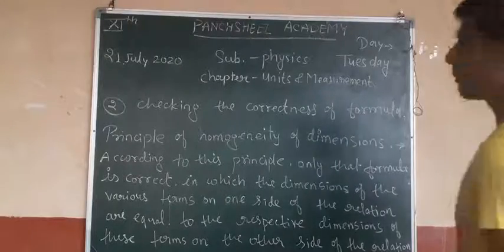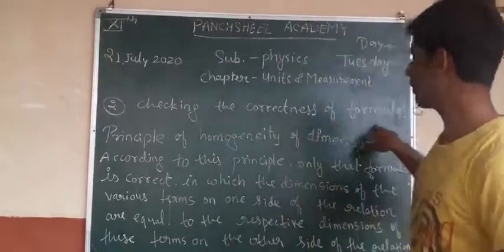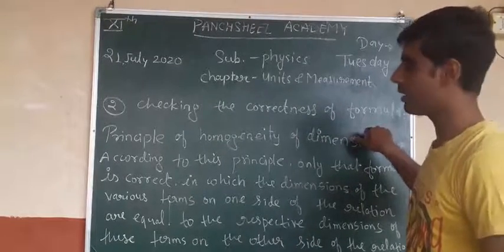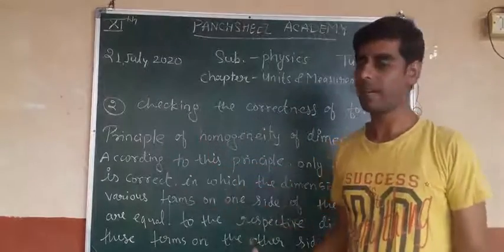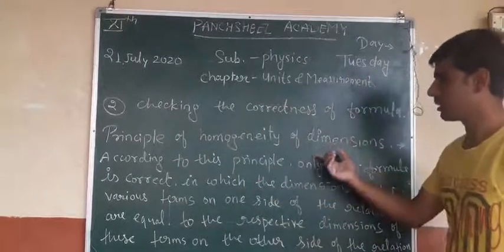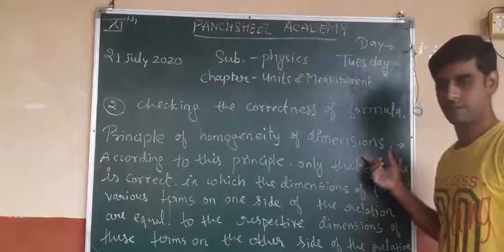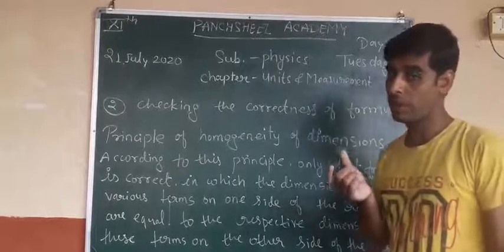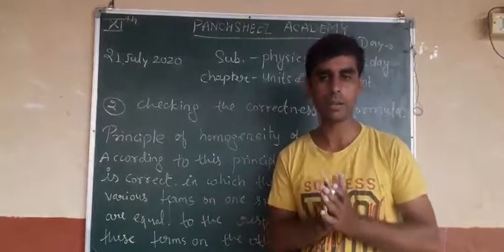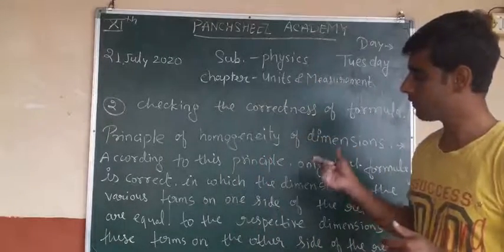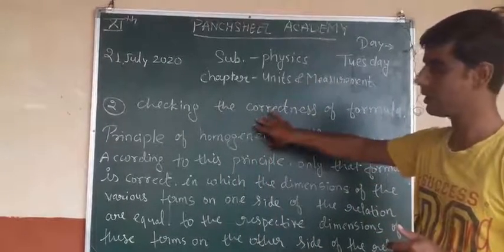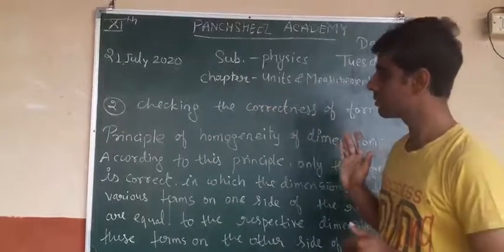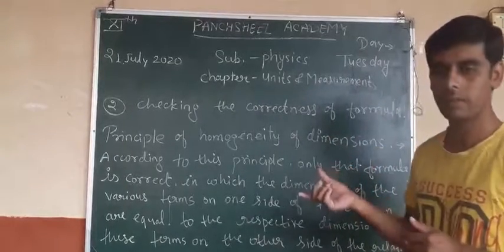The second use of dimension analysis is checking the correctness of formula. This is our second application of dimension, and the principle behind it is the homogeneity of dimensions. What is the meaning of homogeneity of dimension? It means only you have to equate the dimensions of both the quantities in LHS and RHS. So there is no meaning of numerical value.